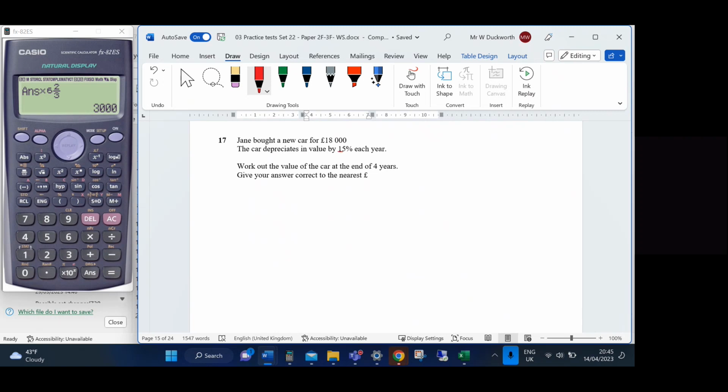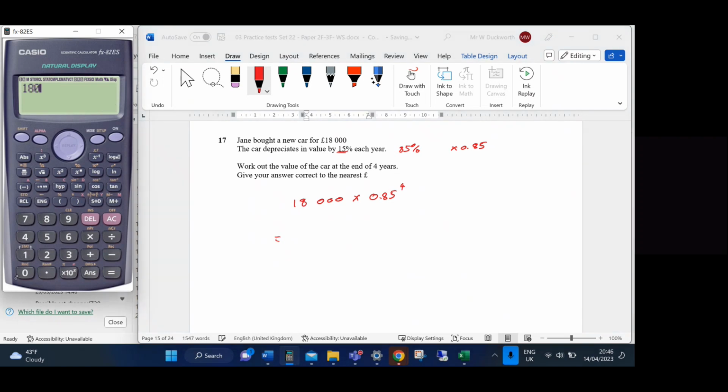So if a car depreciates by 15%, it means it's going to be 85% of its original value, which as a multiplier would be 0.85. So I'm looking at 18,000 multiplied by the multiplier, 0.85, to the power of the number of years, so to the power 4.